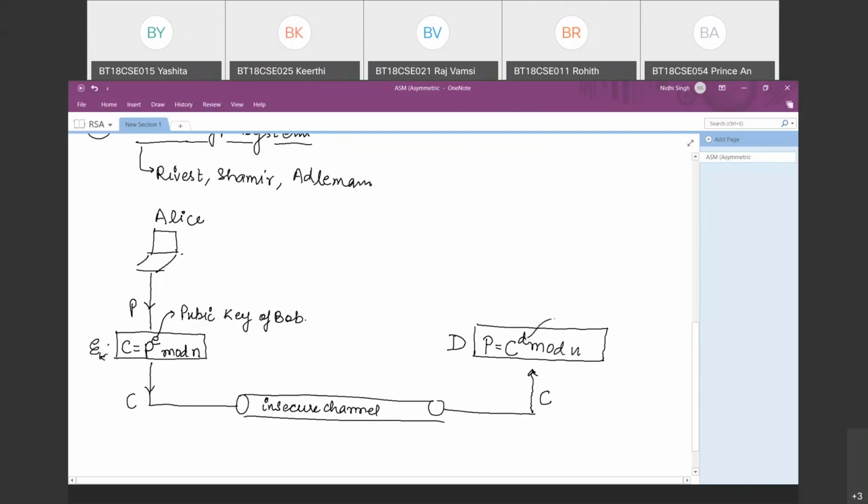What is D here? D is the private key of Bob, the receiver. Now after applying this algorithm, my plain text will be generated.